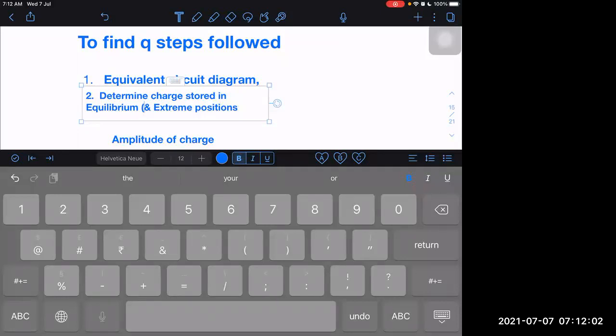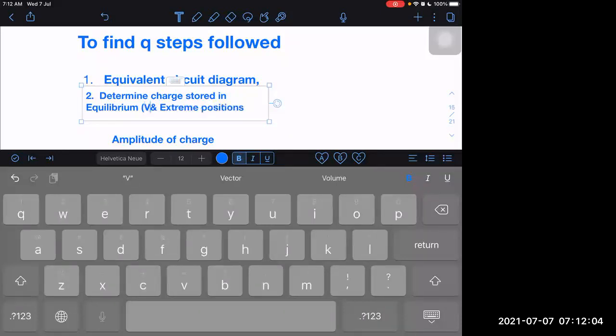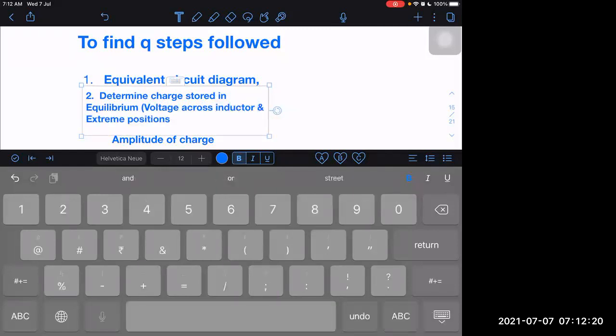And in equilibrium, the voltage across the inductor, VL, is 0. The voltage across the inductor equals 0.